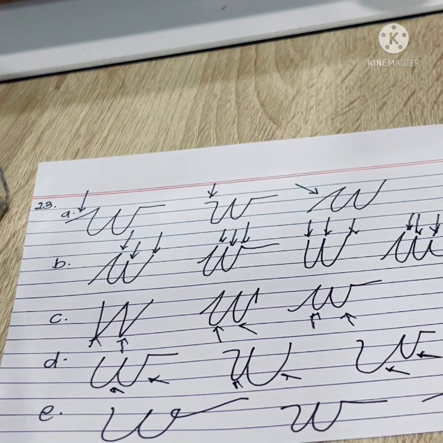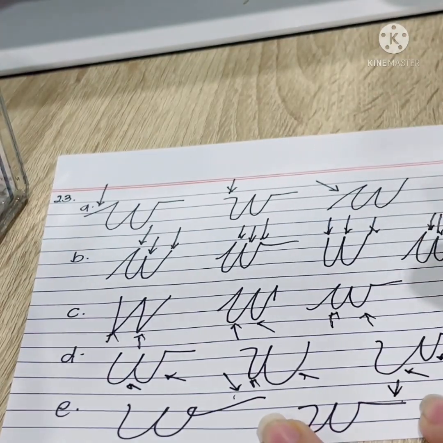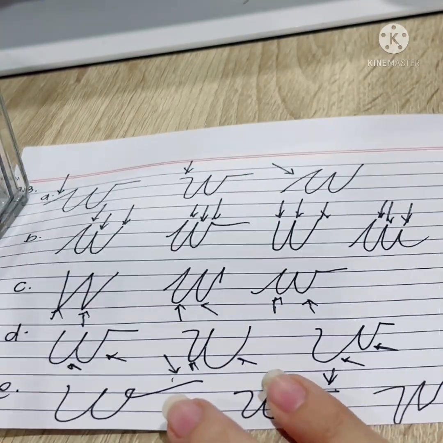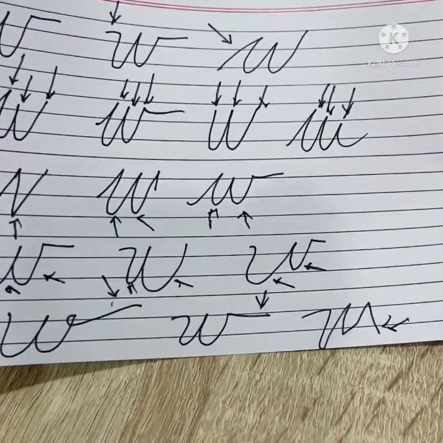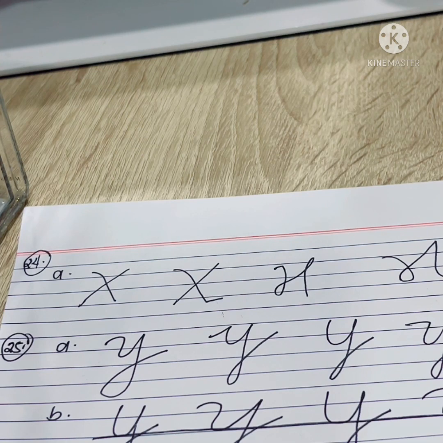E. Examine the final stroke. Number 24. Examination of small letter X. A. Examine the formation, point of intersection and final stroke.